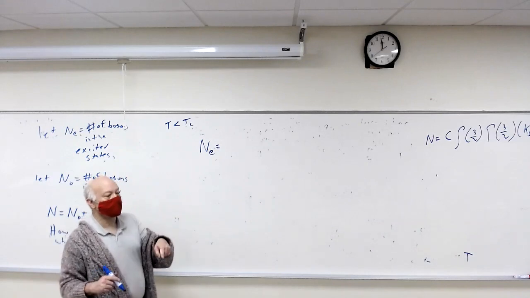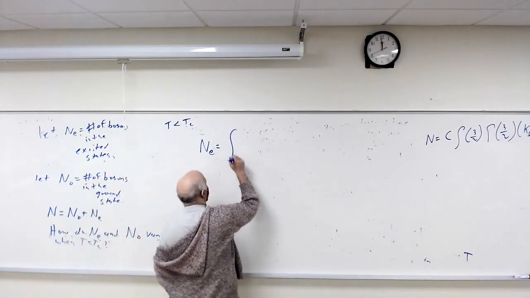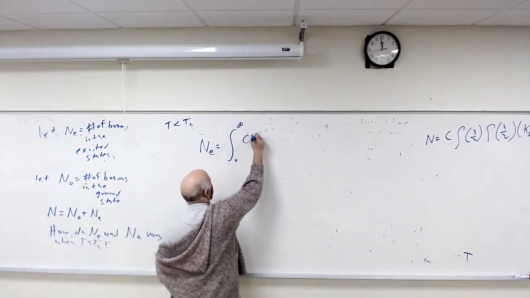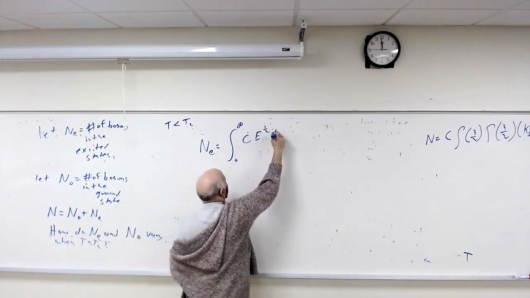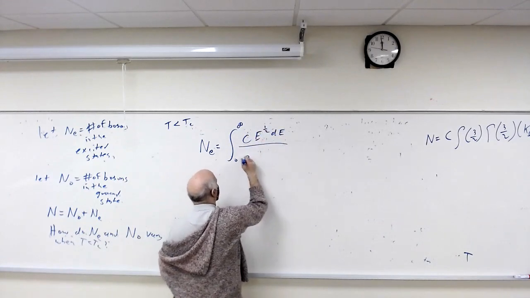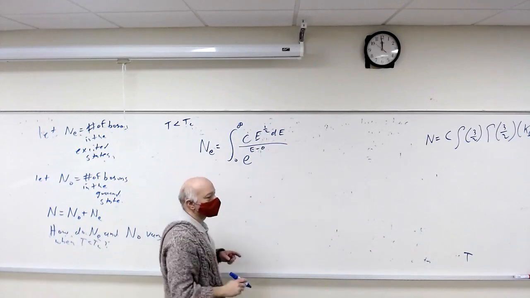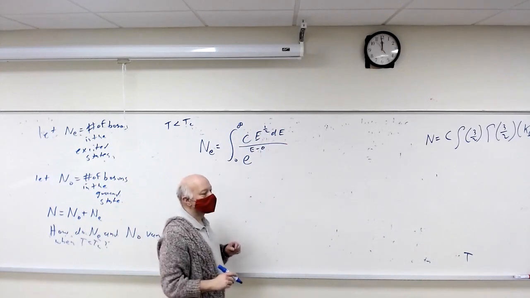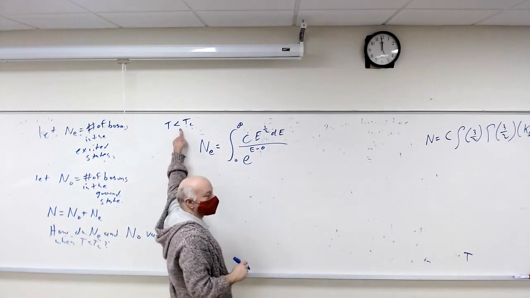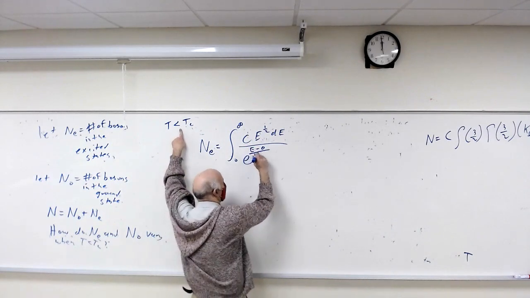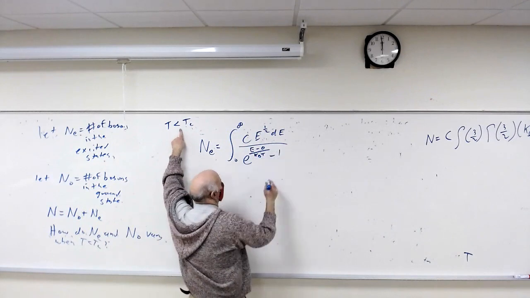We do that calculation we did before. We're going to have this from 0 to infinity, C e to the 1/2 dE over e to the (e minus mu) over kBT minus 1. Now, why can I set the chemical potential equal to 0? Because we're below T equals Tc. So this is 0 here, and this is going to be over kBT minus 1.